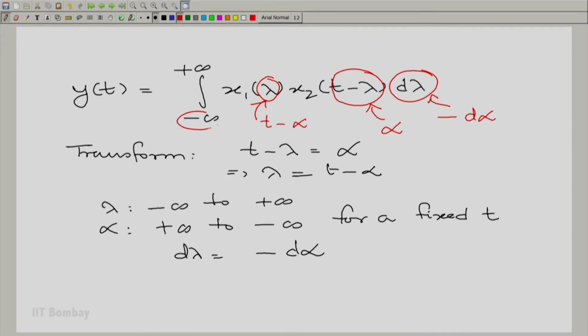And here this would go from plus infinity to minus infinity. So, what we see in red is the modified form of the integral, and now we need to put the integral back in the form which is familiar to us.